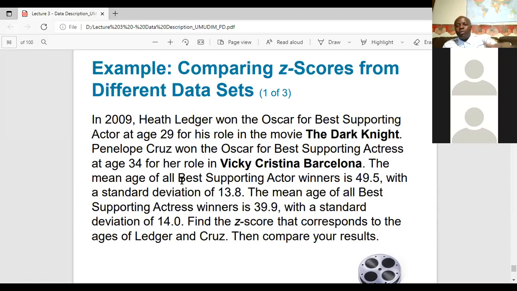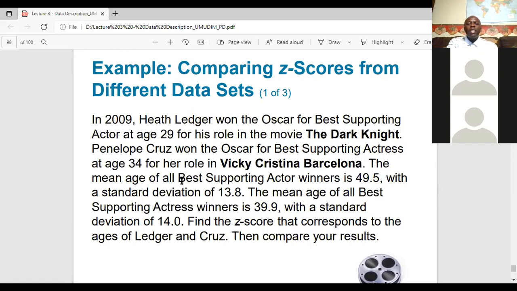But anyway, this guy featured in that movie, and based on his performance in the movie, he won the Oscar. Penelope Cruz won the Oscar for Best Supporting Actress at age 34 for her role in Vicky Cristina Barcelona.